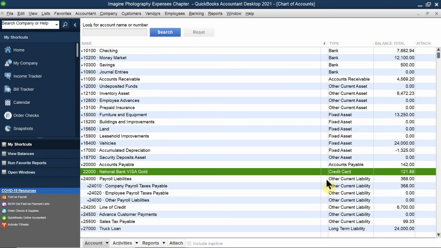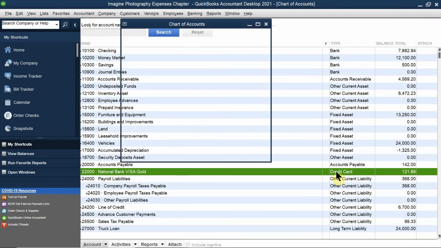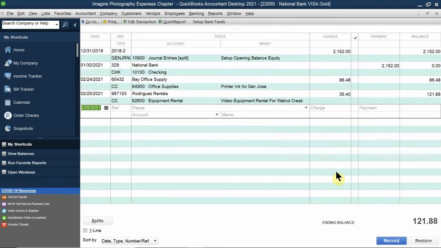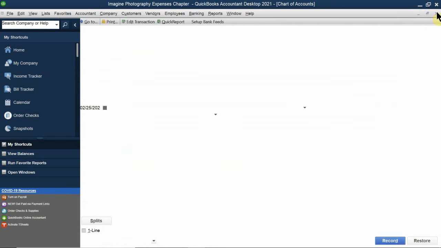But in this case, I can continue doing my transactions as usual by entering them using the enter credit card transactions. But again, I'll show you how to make a payment to this credit card. You can choose to write a check and just write the check right away. So in this case, if I owe the credit card $121.88, I can go ahead and do this.